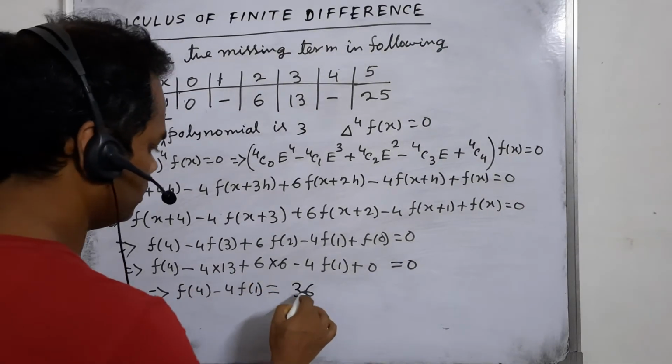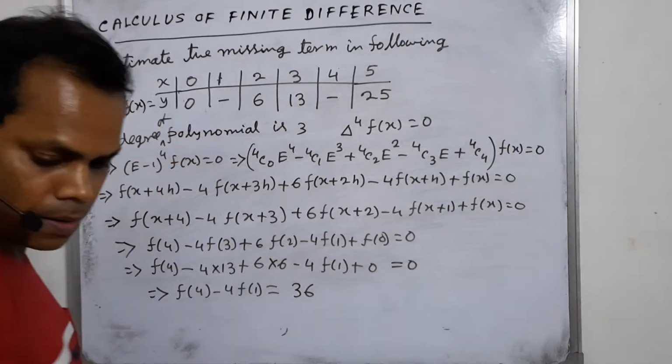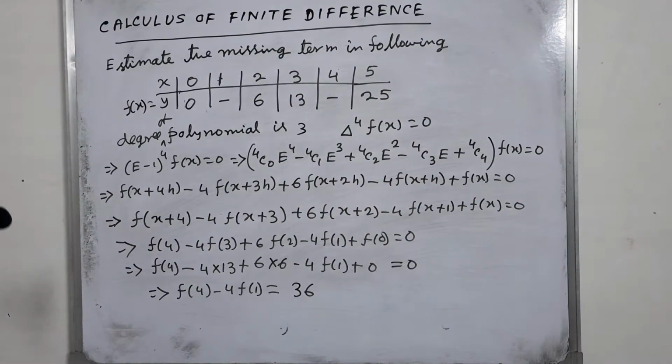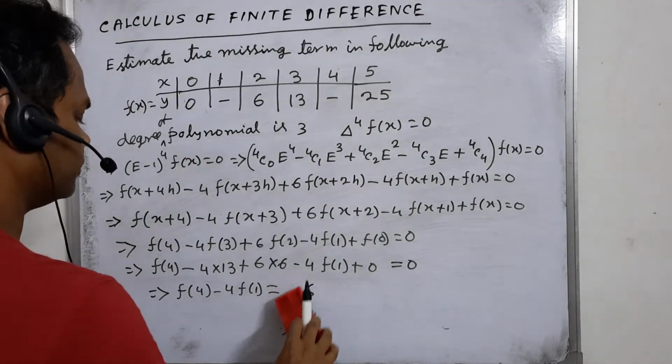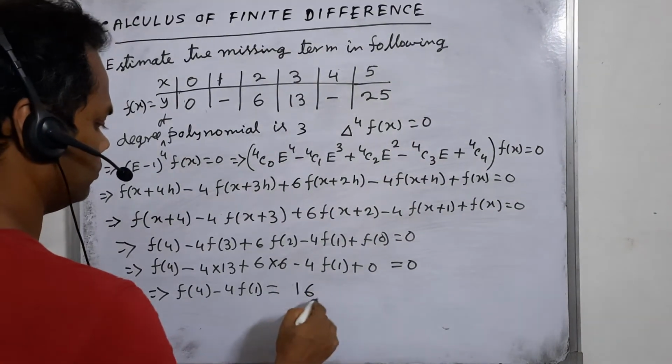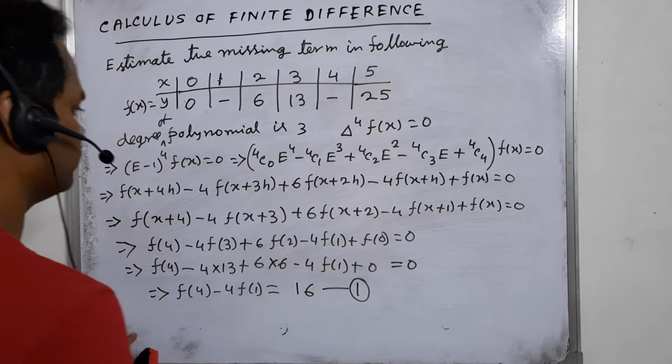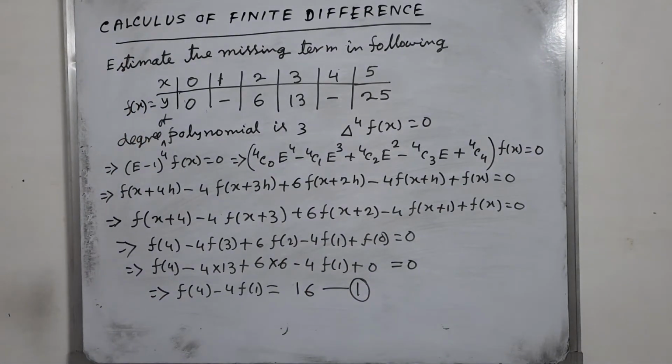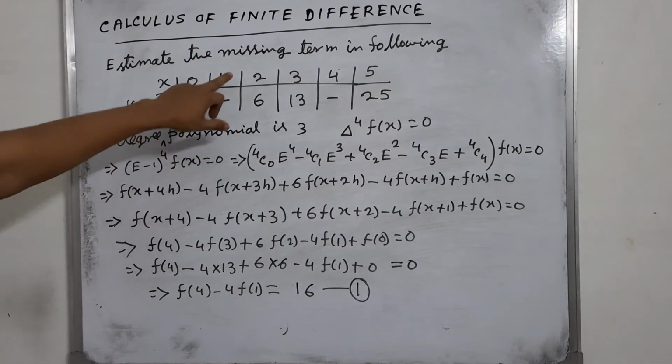So f4 minus 4f1 is equal to 16. This is equation 1. Now again we put x equal to 1 in this equation.